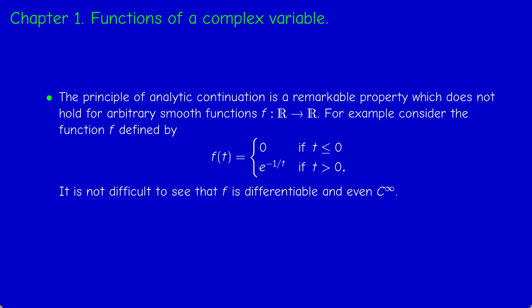So you have to pay attention in the real numbers between analytic functions and functions of class C infinity. This is an example of a function of class C infinity which is not analytic. Why is it not analytic? Because if it were analytic, the germ at 0 is 0, so f would be identically 0, but f is not identically 0.